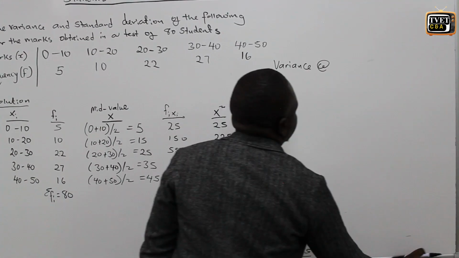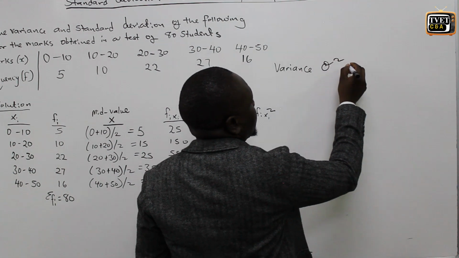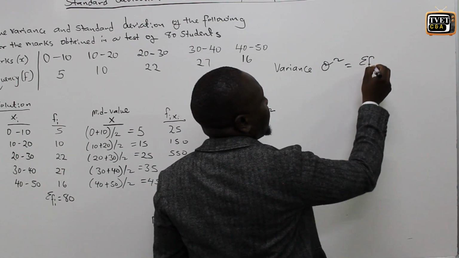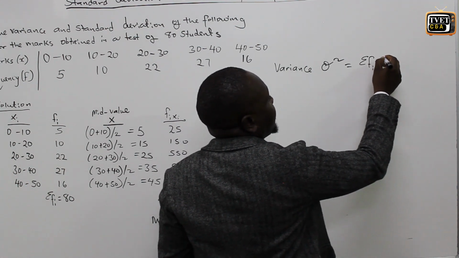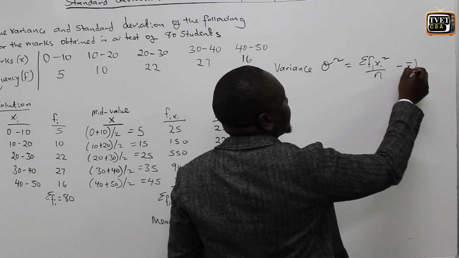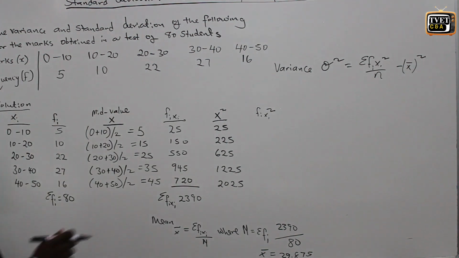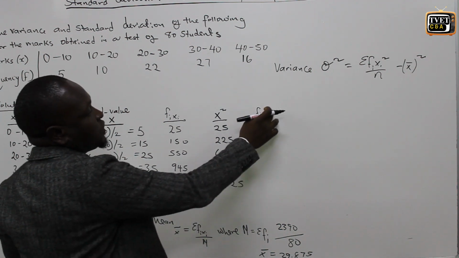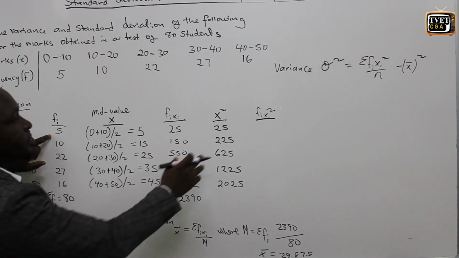Variance is the square of the standard deviation, which is equal to summation of fi, which is the frequency, times xi square over n minus mean square.